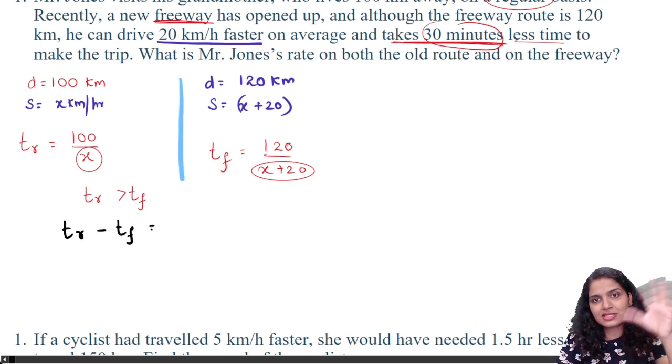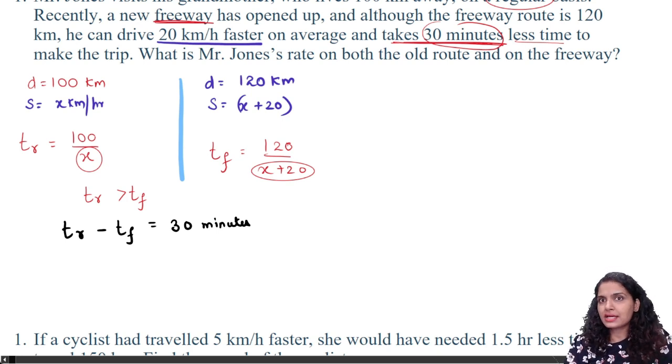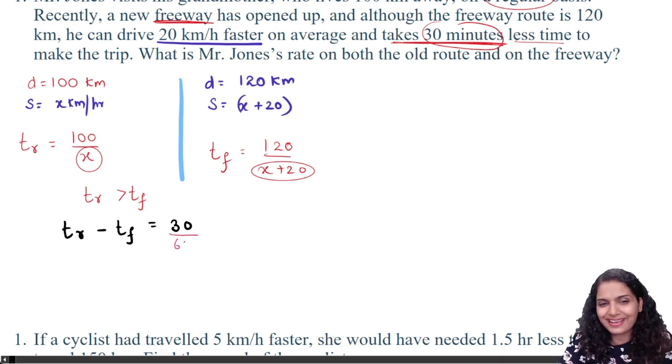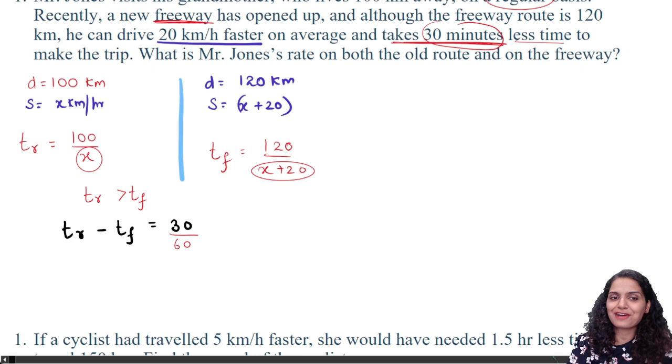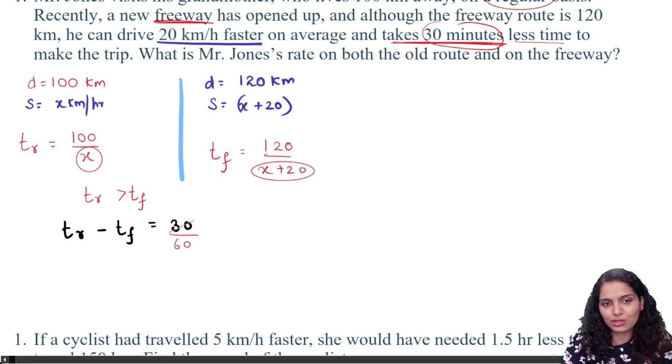So what is the difference in the time? 30 minutes. Do you think it is correct? No. Because they have given minutes, but we are working in hours. So we have to get this in hours only. So TR minus TF is going to be 30 upon 60.